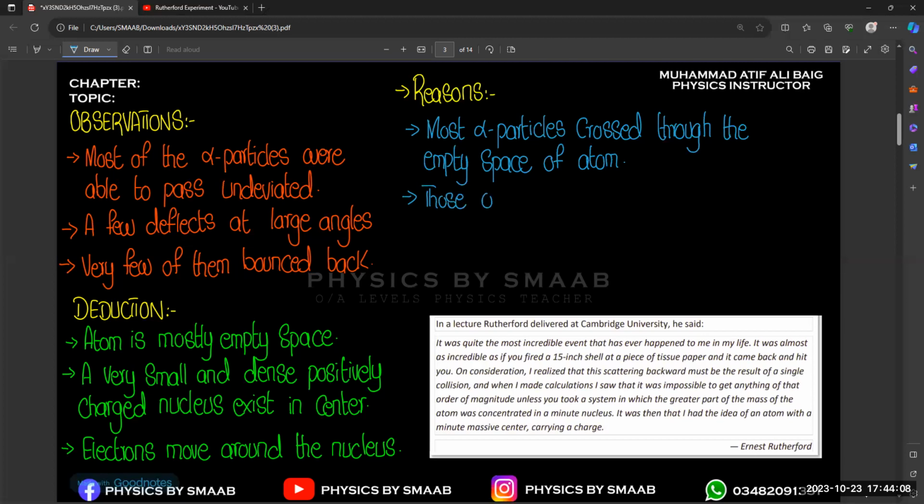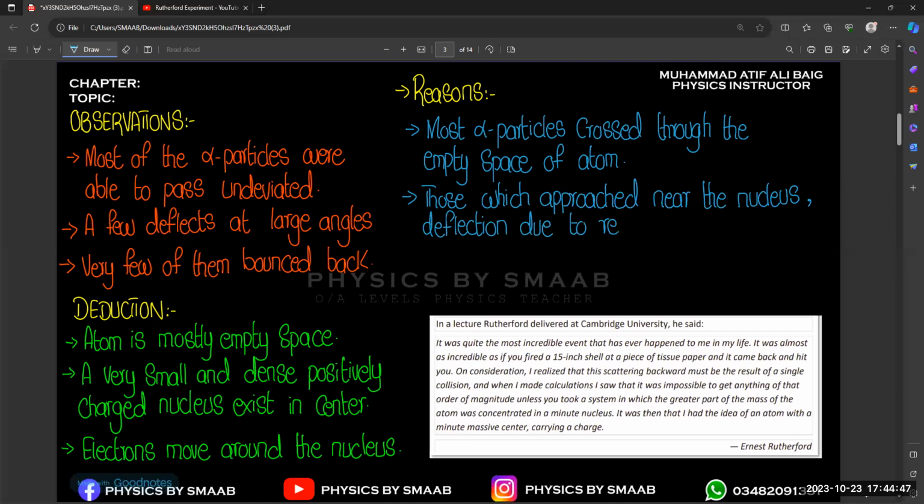So we can write those which approach near the nucleus are deflected due to repulsion. And why is there a repulsion process? Any idea why we are writing the concept of repulsion?